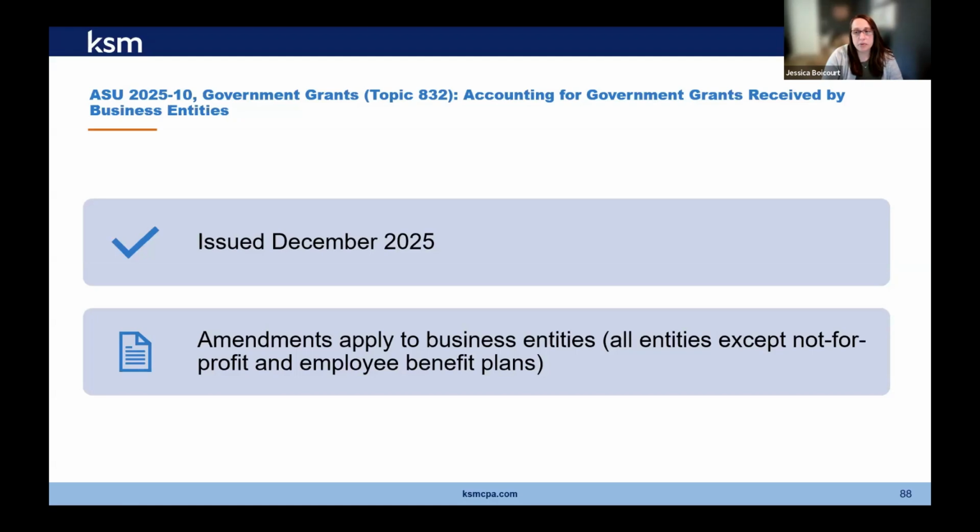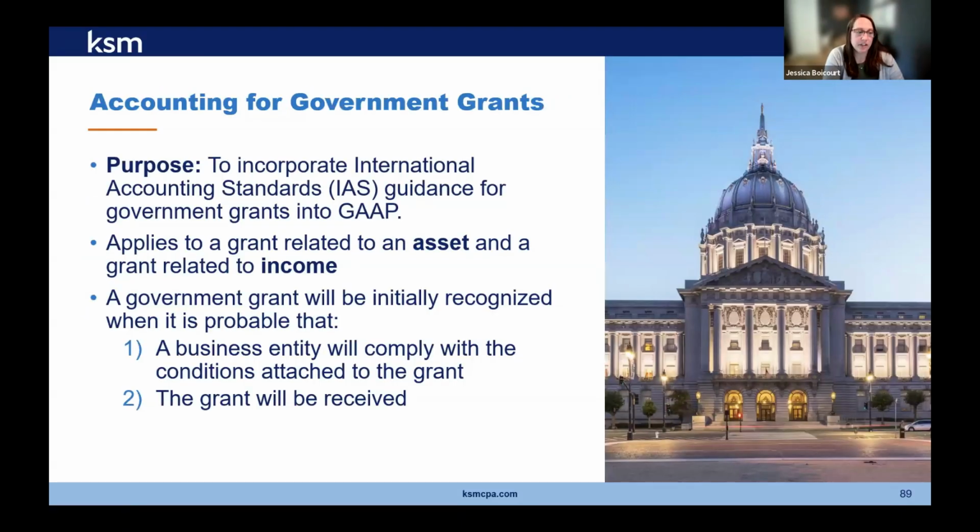They were looking to international accounting standards, accounting for government grants by analogy, to be able to record those grants. So they basically took the concepts in IAS 20 and codified them into GAAP so that we have authoritative guidance.